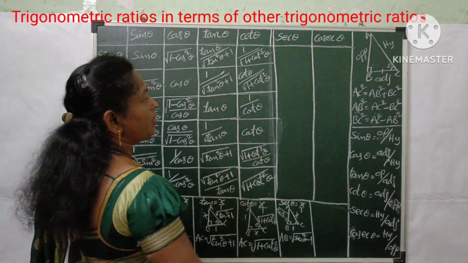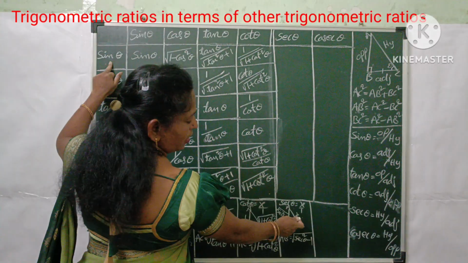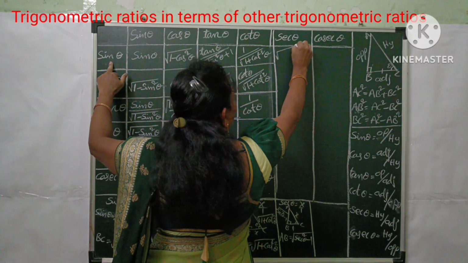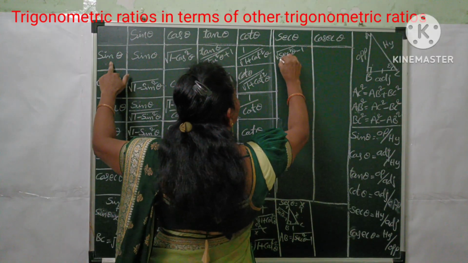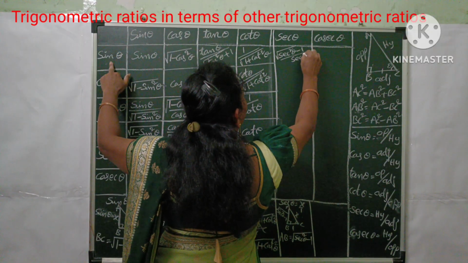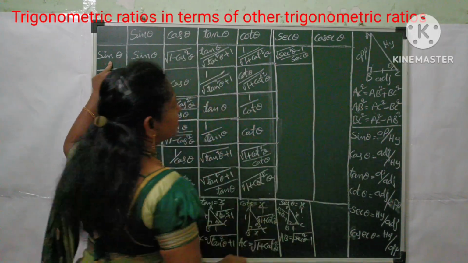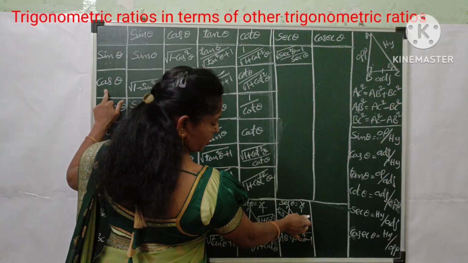Next, sin theta in terms of secant: opposite by hypotenuse. Here opposite is square root of secant square theta minus 1 by secant theta. Next, cos theta, adjacent by hypotenuse.